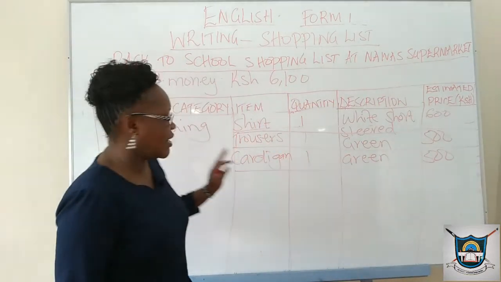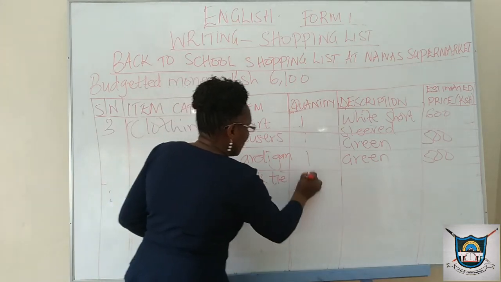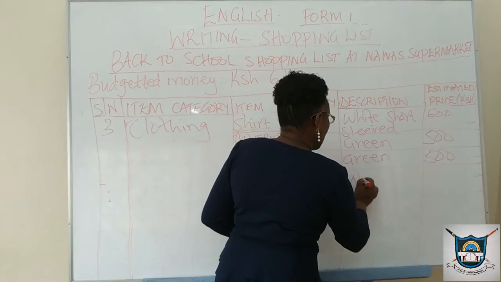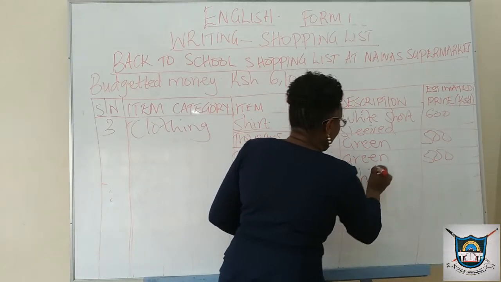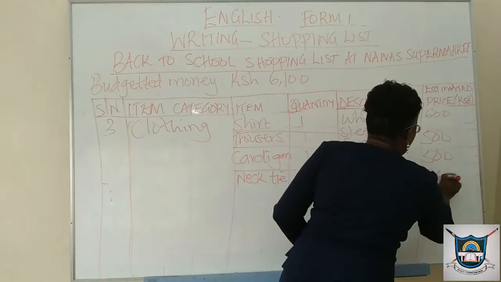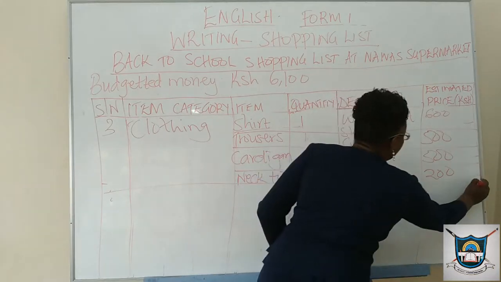Under the clothing, the last item we buy is a necktie. One, white. Let's use the white in color at a cost of 200. And we are done with that item category.